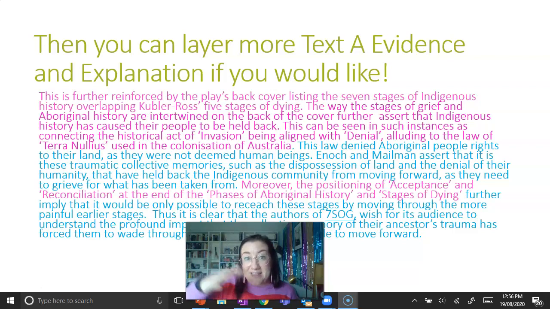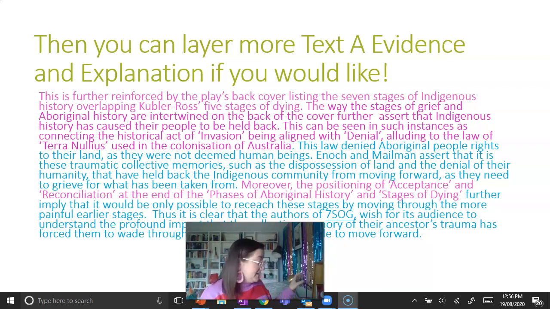Okay, so they're down the bottom, and they're down the bottom because you've got to wade through all the other crap first. Thus, it is clear that the authors of 7 Stages of Grieving wish for its audience to understand the profound impact the collective memory of their ancestors' trauma has forced them to wade through their grief before being able to move forward.